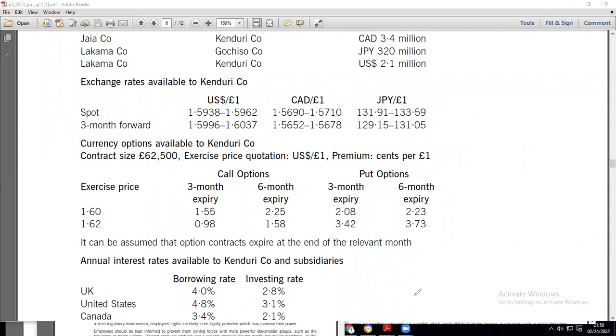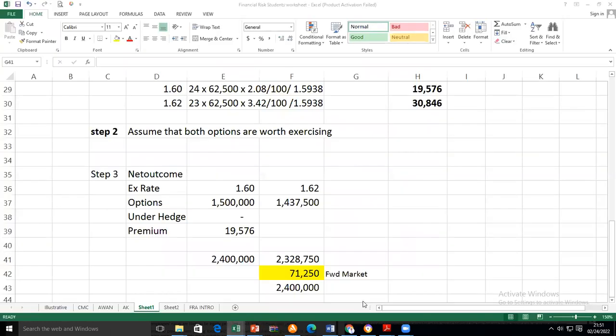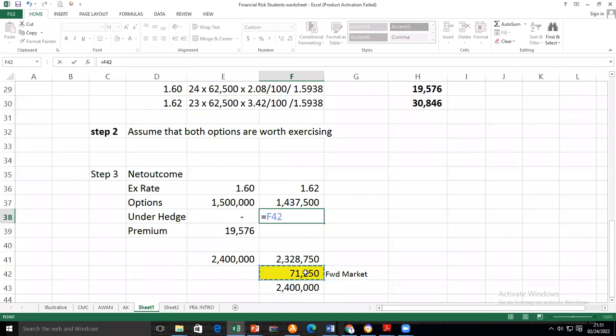So let's close it now. So this amount will be hedged at 1.5996.